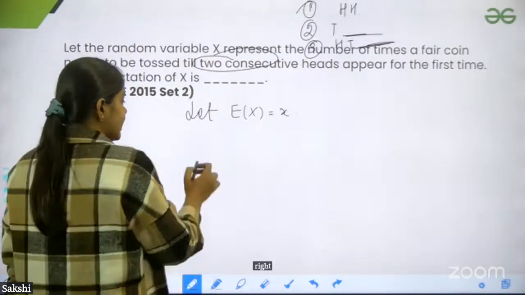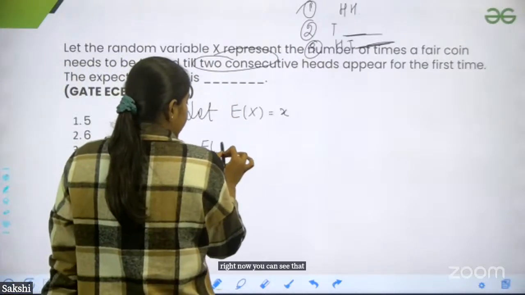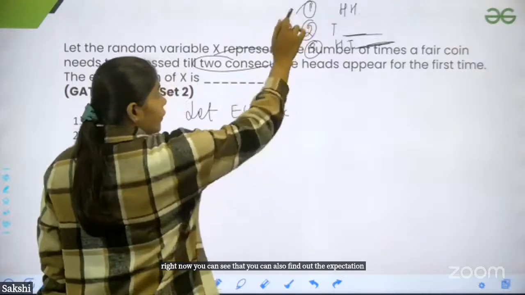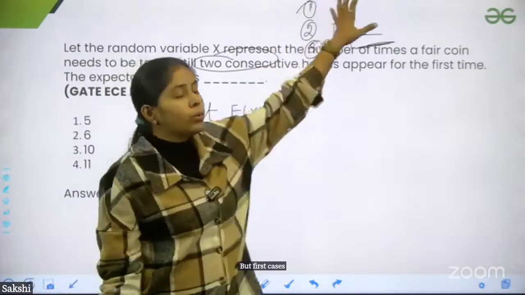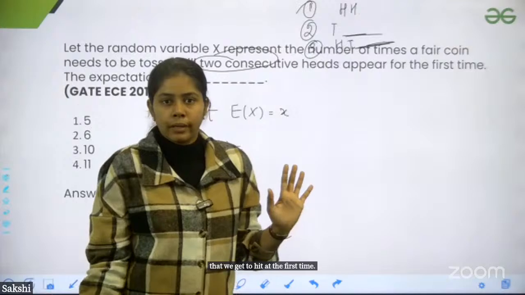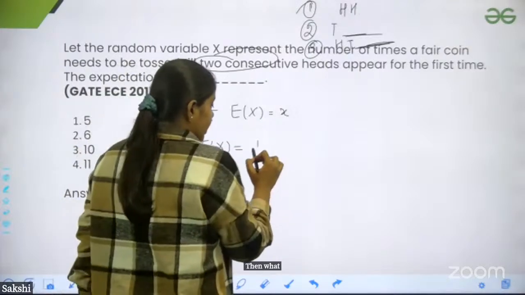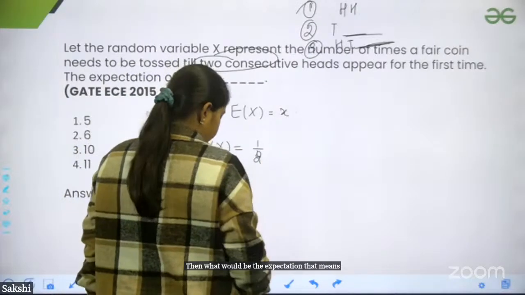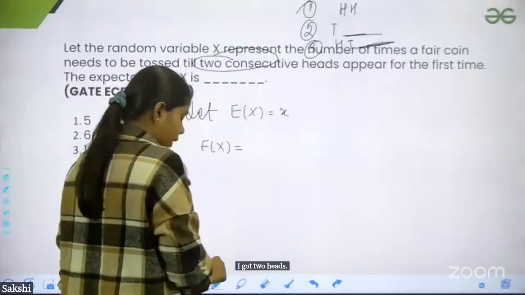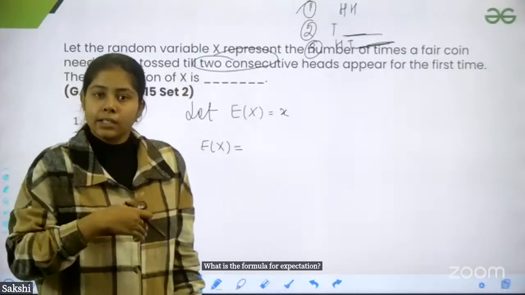Now you can find the expectation case by case. The first case is that we get two heads the first time. What is the formula for expectation? X into f(x).